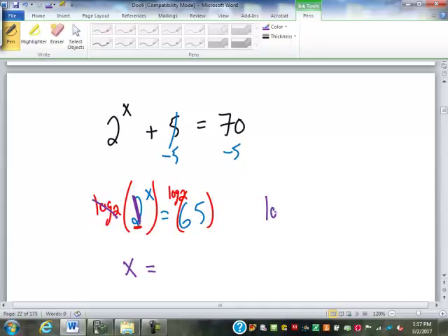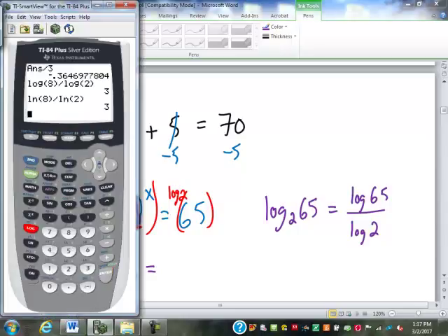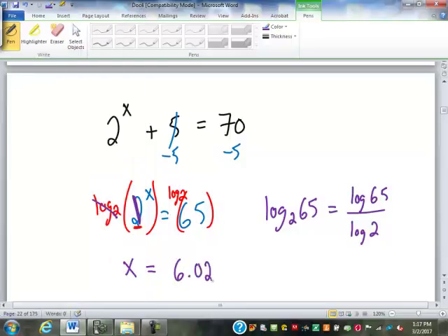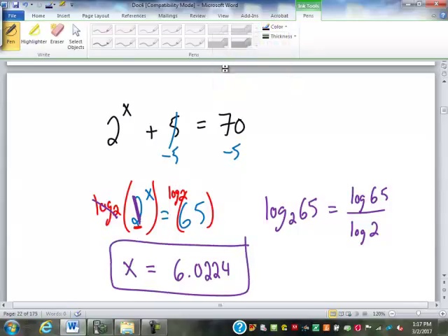Over here, I actually have to calculate the log base 2 of 65. And on the calculator, that's just going to be log base 10 of 65 divided by the log base 10 of 2. So log of 65 divided by log of 2. 6.0224. Any questions?